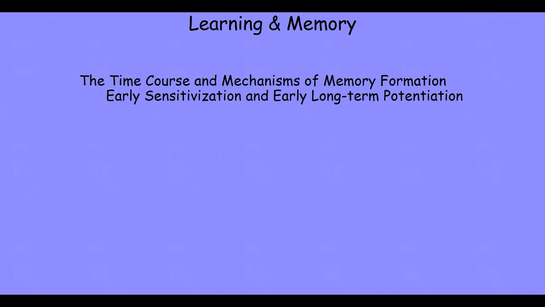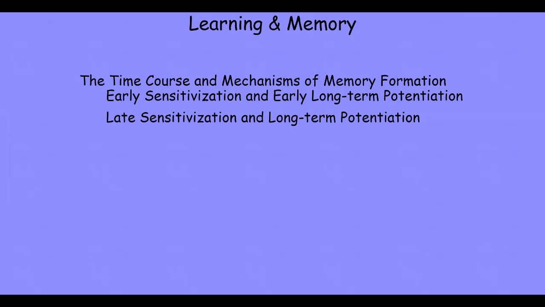So we're going to start off with what's called early sensitization, which is a presynaptic phenomenon resulting in increased neurotransmitter release, and an early long-term potentiation, which is a postsynaptic phenomenon that results in increased receptor density.